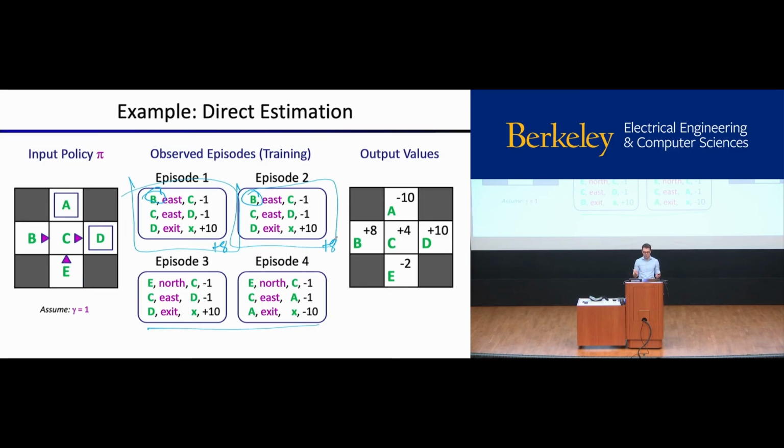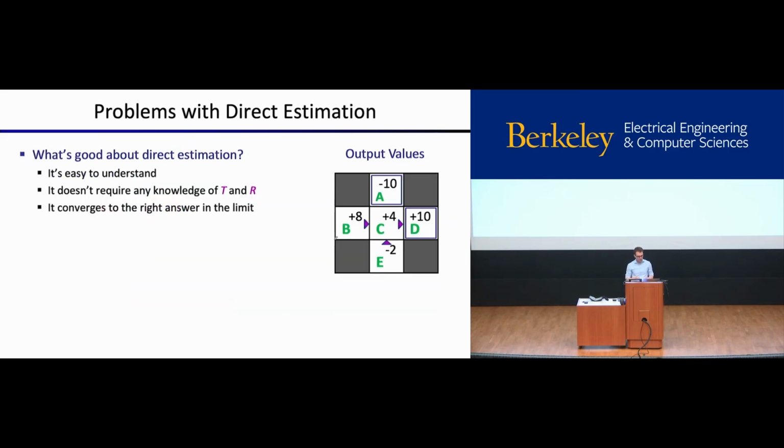So we estimate all these values, right? This is a very straightforward approach. We don't have to use any knowledge of T or any knowledge of R. And in the limit of infinite data, it will converge to the right answer. But someone noticed, hey, why is it the case that B and E have different values? B has a +8, E has a -2.